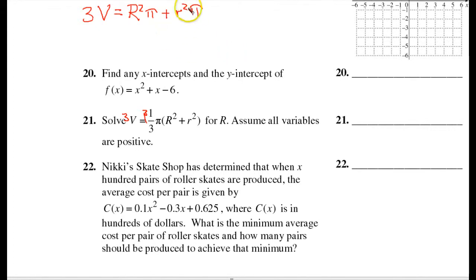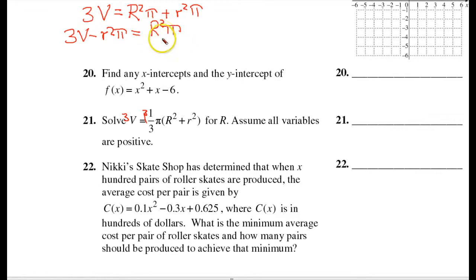And now we're going to take this term, bring it over to the other side, and we get 3v minus r squared pi equals capital R squared pi.